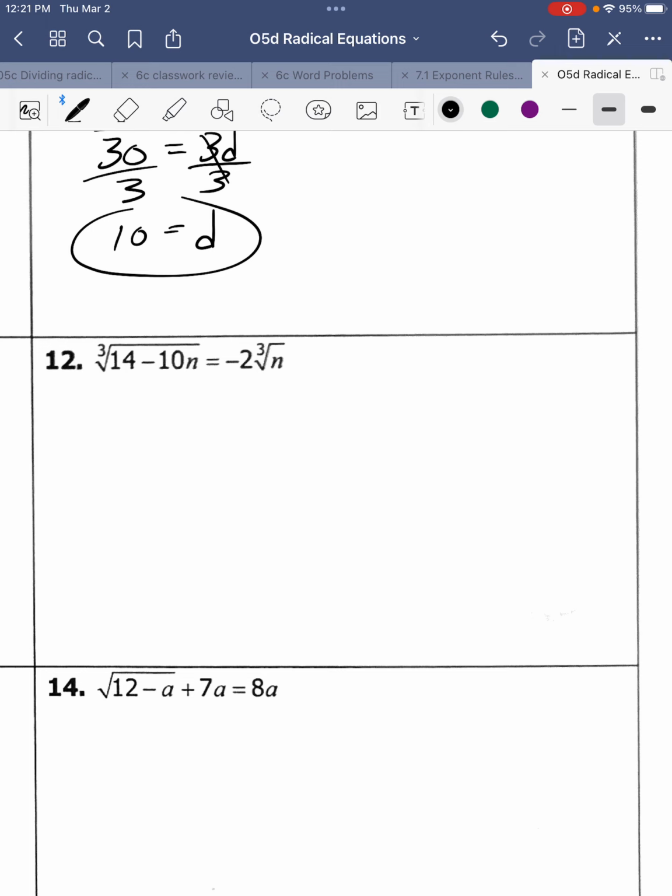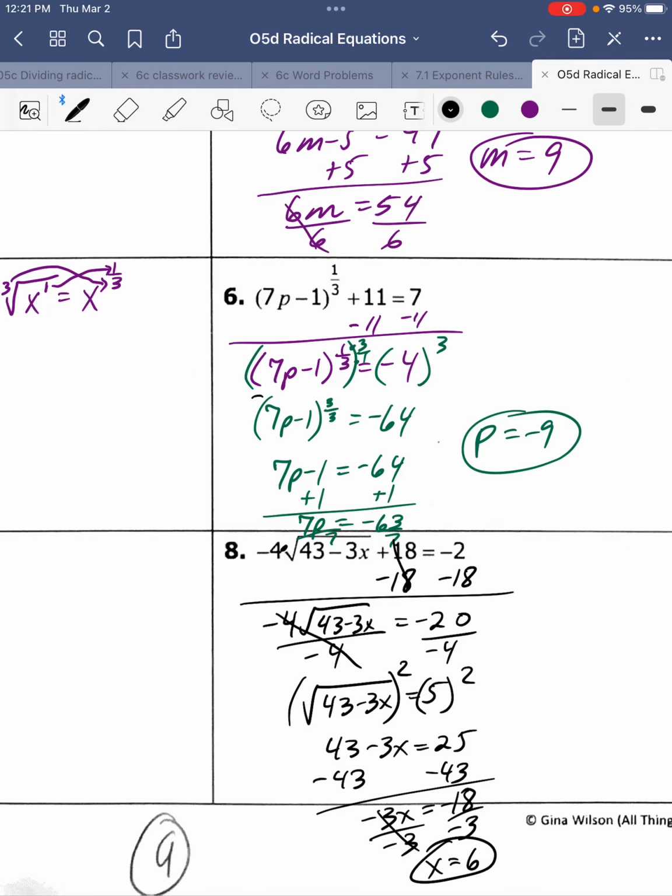All right, number 12. So we have two radicals, two cube roots. We just gotta make sure one's isolated. The left side is isolated, so I can raise it to the third power. Raise the right side to the third power. And on the left side, we get 14 minus 10n. On the right side, what's happening here is you're distributing, really you're multiplying your exponents.